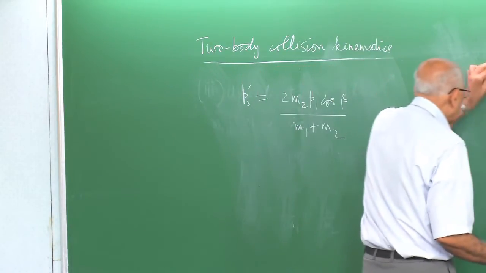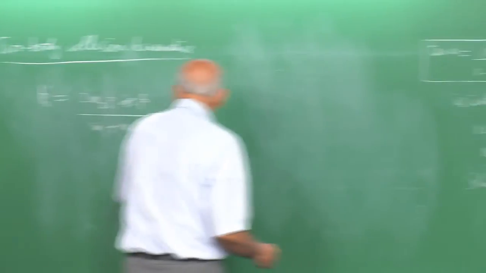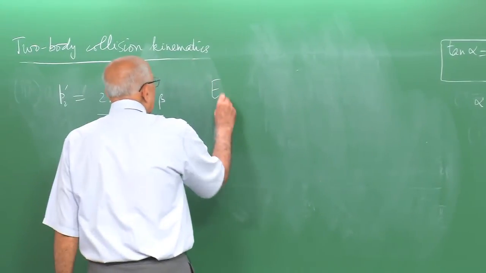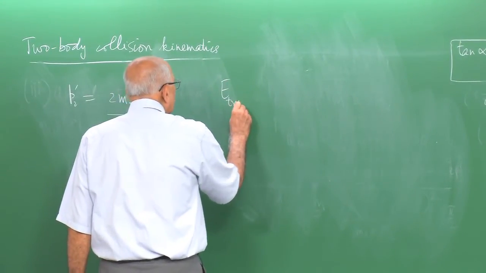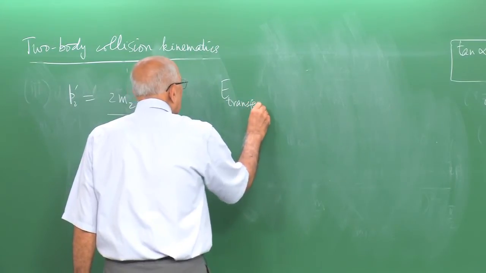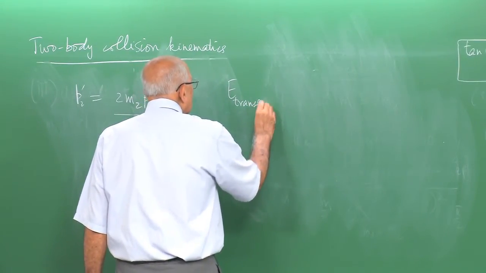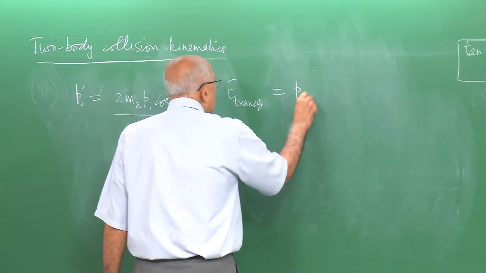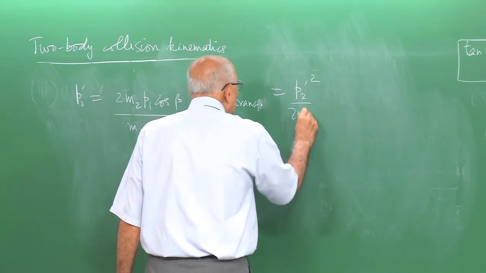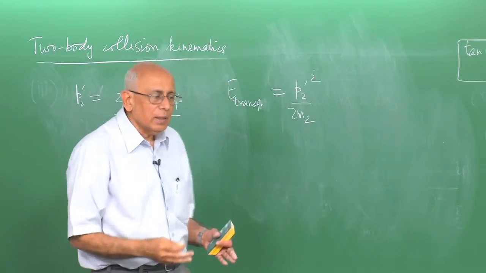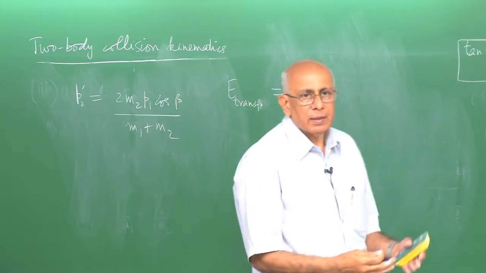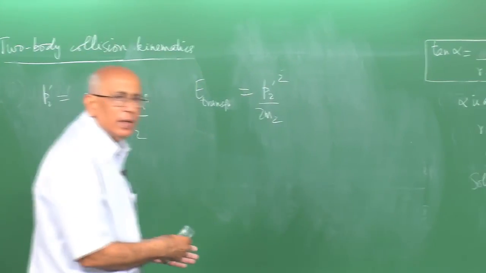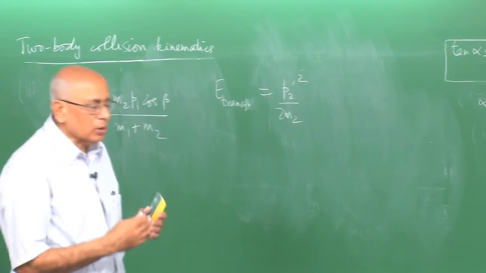So the energy transferred, E transferred, is equal to P2 prime squared over 2m2. That's the kinetic energy of the target which was initially at rest. So this must be the loss in kinetic energy of the projectile particle.